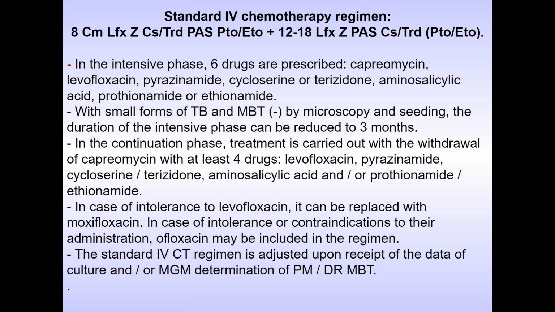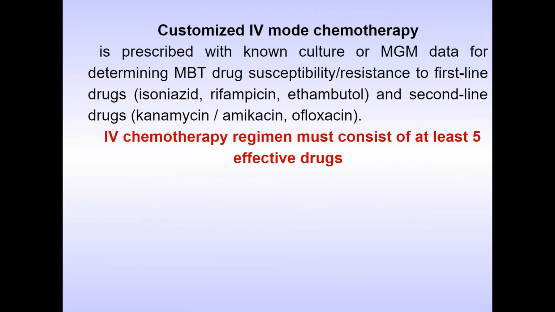In the continuation phase, treatment is carried out with at least 4 drugs, and so on. Customized full-mode chemotherapy is prescribed when there are culture and molecular genetic data for determining MBT drug resistance to first-line and second-line drugs.